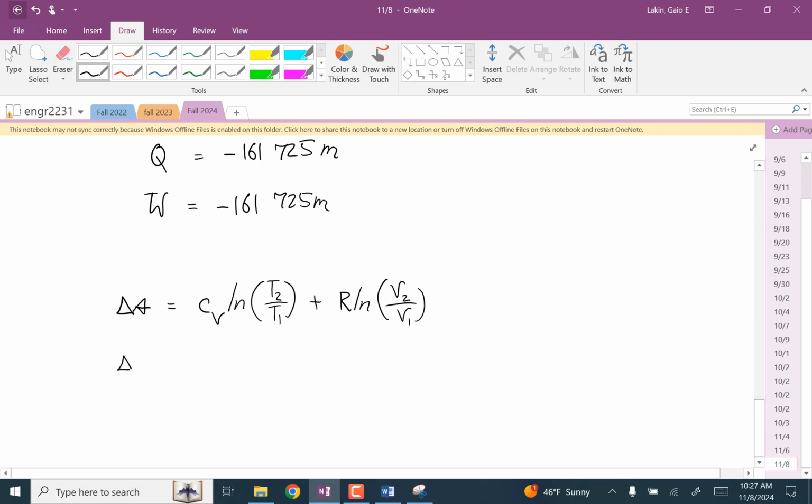And we have the equivalent statement, Cp times the natural log of T2 over T1 minus R times the natural log of P2 over P1. The negative and positive come because the volumes and pressures are inversely related to each other.